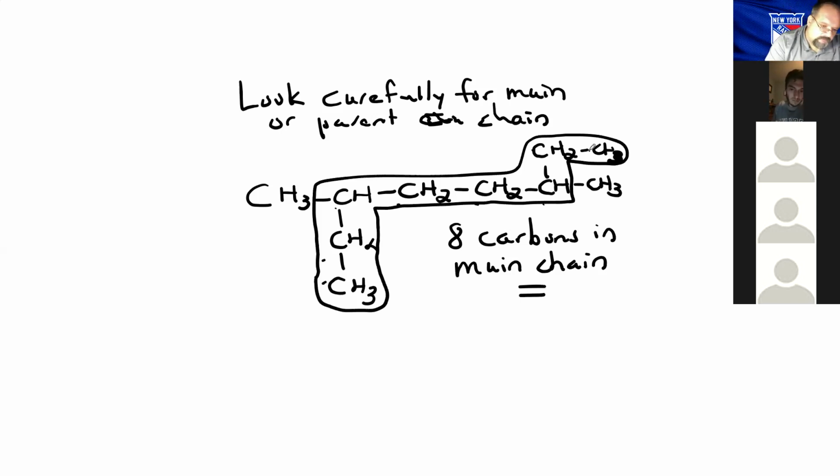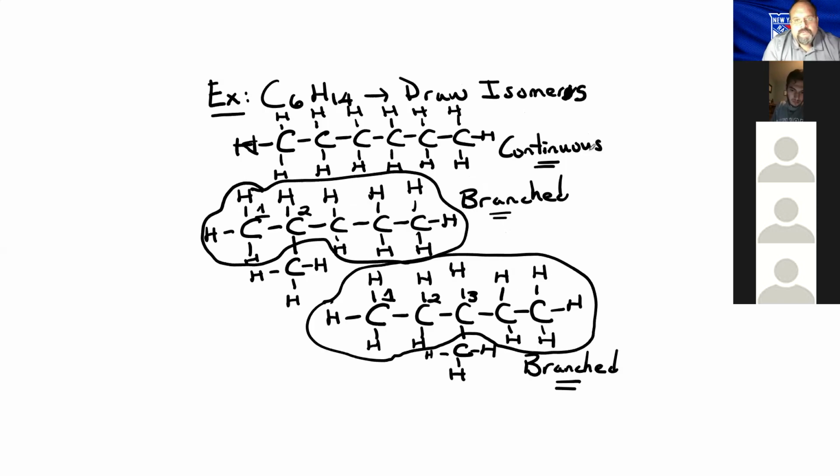In your previous slide with the isomers, I know this is the next topic, but could you just name B and C, the two different ones? Yeah, absolutely. So this one right here would be known as 2-methylpentane.